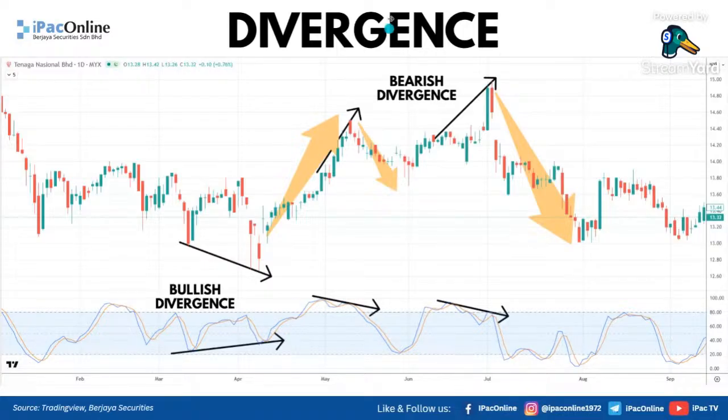Okay, yeah. So we can see that after the bullish divergence, the share price rebounded all the way up. Similarly, as the share price continued to trade higher, what we see is the stochastic has gone into the overbought area and started to form a lower high while the share price continued to trend higher.